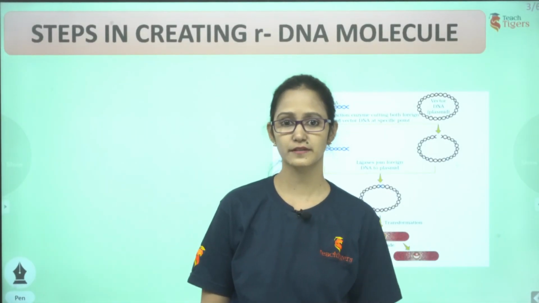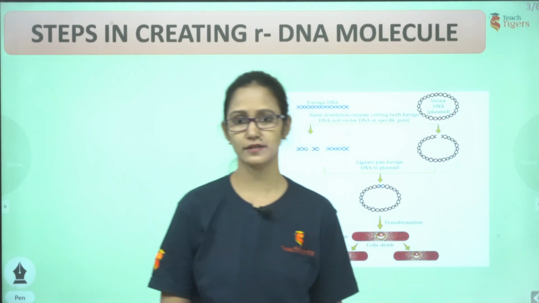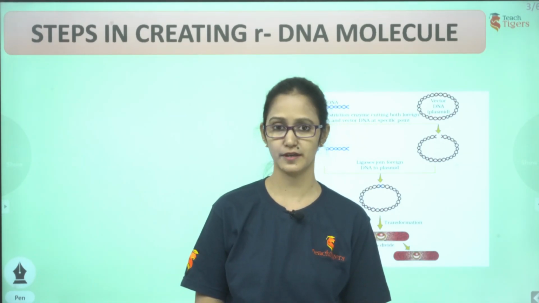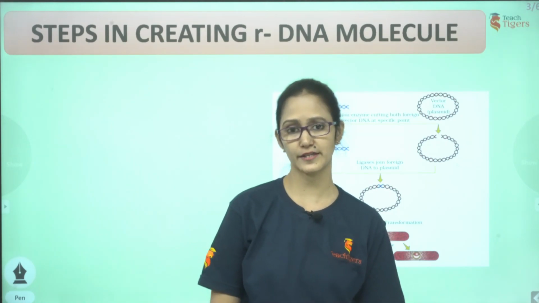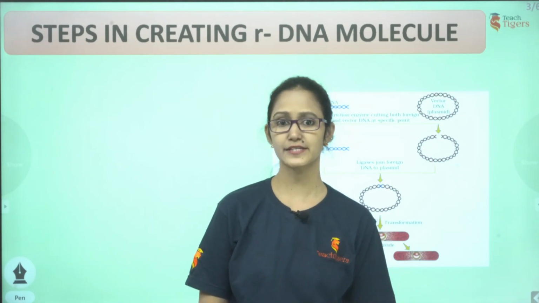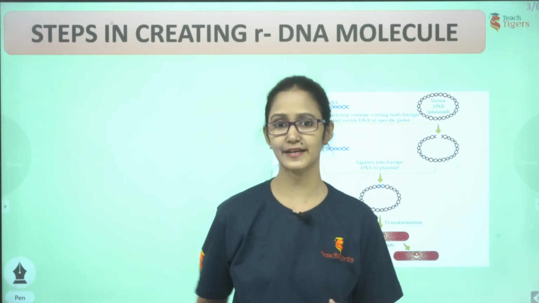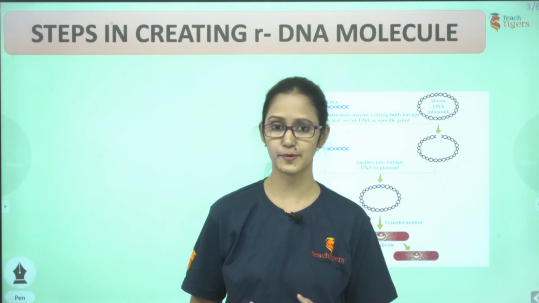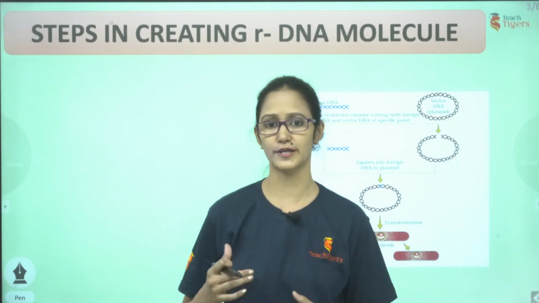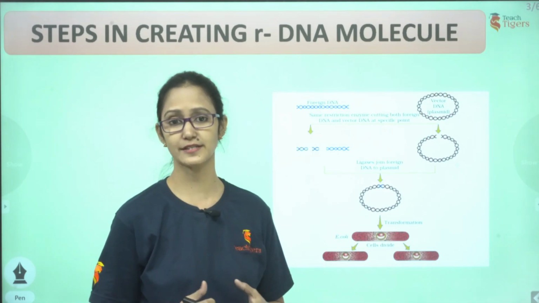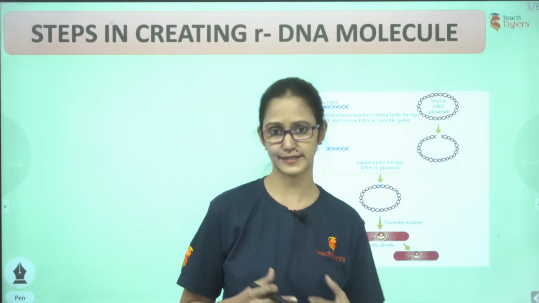So dear friends, it's a multi-step process to construct a product and to go for a large scale production. If you look into the two core areas of biotechnology, one is concerned with the design of a recombinant molecule and the second area is concerned with the large scale production of the recombinant molecule. As I told you, it is a multi-step process and it takes help of so many tools and techniques.